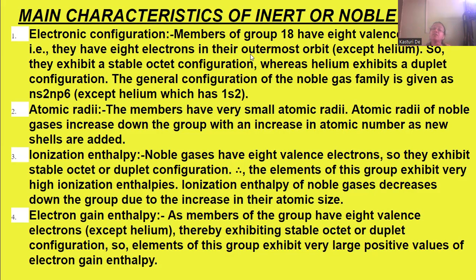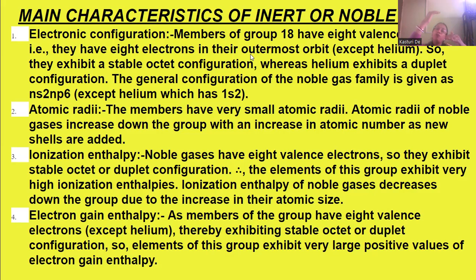But as the valence shell is farther away from the nucleus, it is much easier to break that stable configuration, and less ionization enthalpy is required. I think you are clear with that. So that will decrease. The more the atomic size, the less will be the ionization enthalpy.